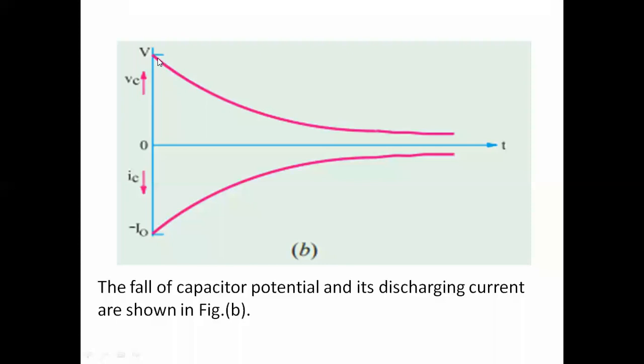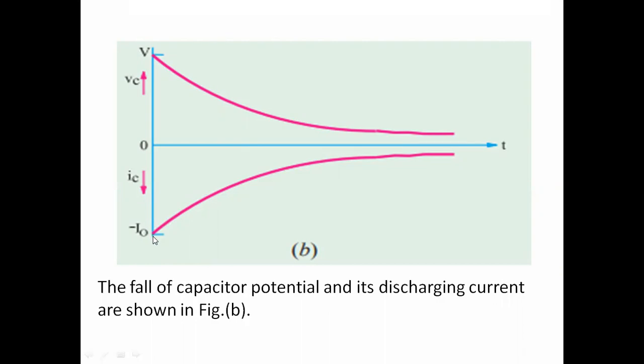So this is the graph. The voltage across the capacitor is decreasing, and the current is represented as negative.